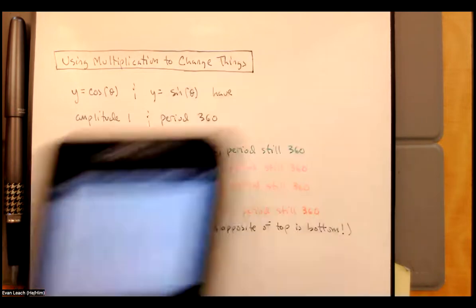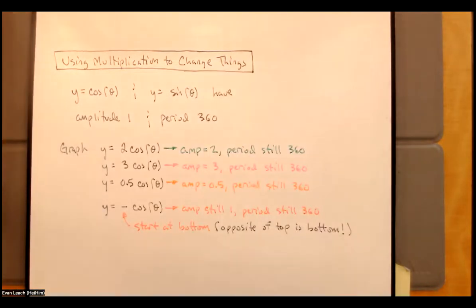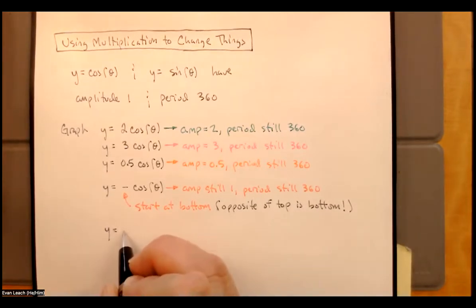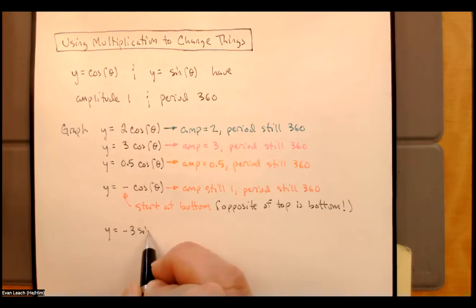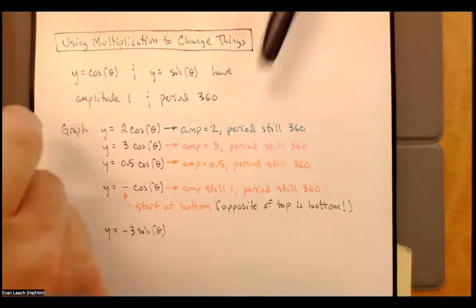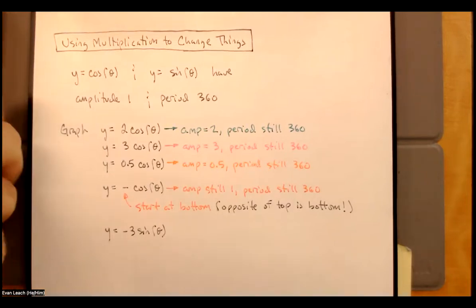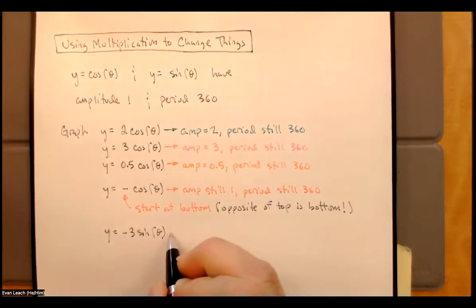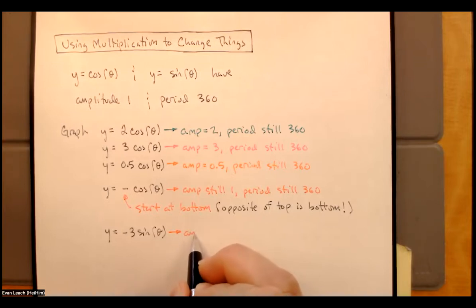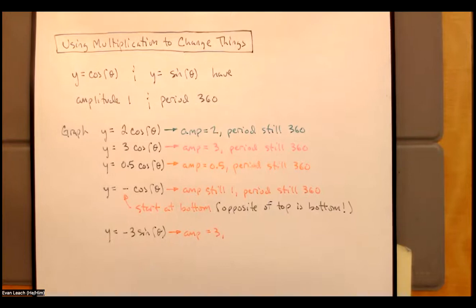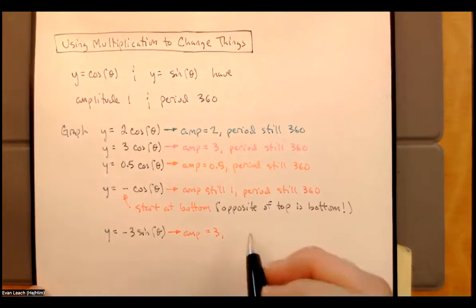So let's summarize that in words. For -3 sine theta, our amplitude is 3. The period stays 360 because we didn't do anything horizontally.